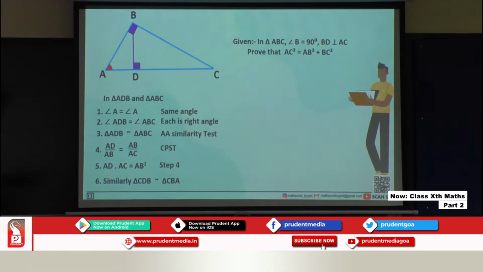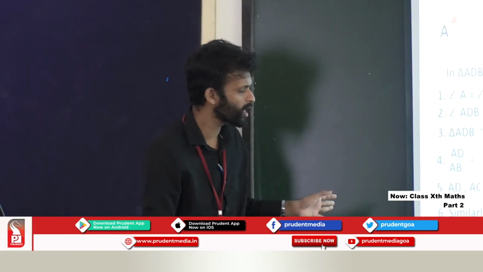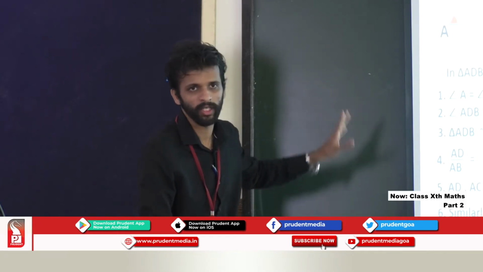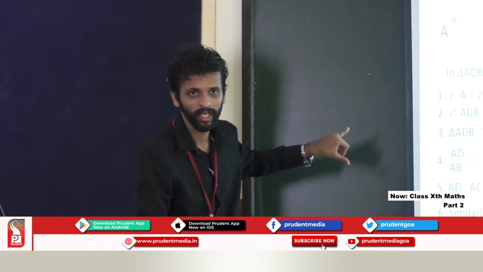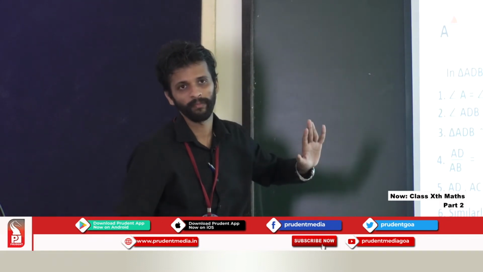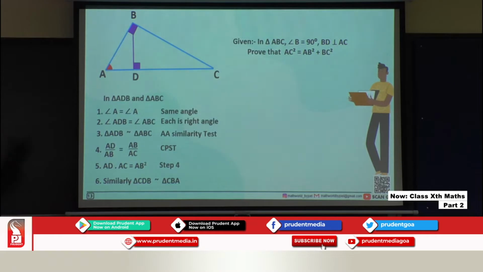So in the 6th step, similarly, I'm saying that CDB is similar to triangle CBA. Because I have written the word similarly, it only tells you that whatever I have done from step 1 to 5, the same thing proves here. That one word, similarly, just tells you that this is what you have to remember.